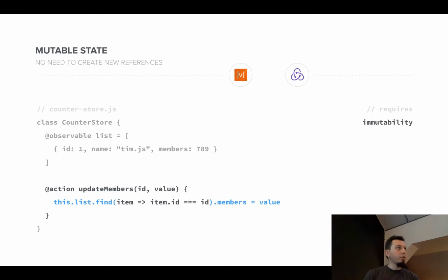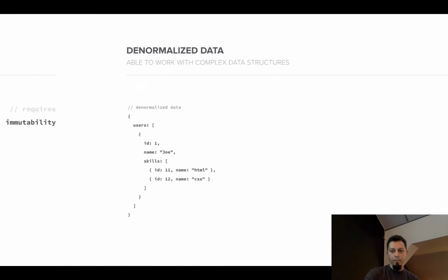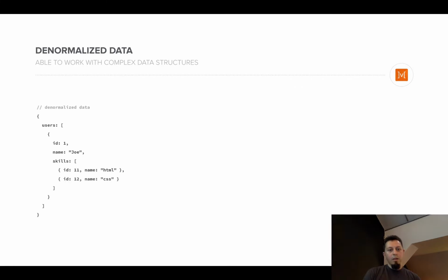If Redux requires immutability, you might want to use some immutable library in order to help you with that. About data, a consequence of the previous part is that MobX doesn't require data to be normalized. So it can work very well with very deeply and very complex data structures.